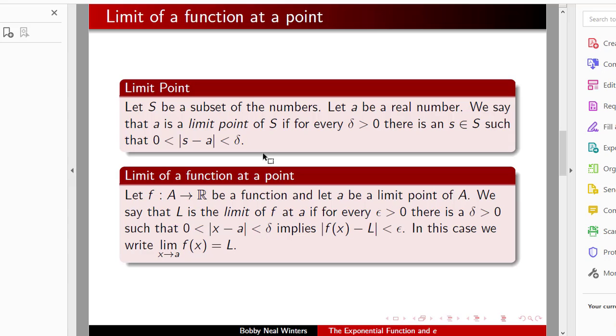Now, we've again talked about the limit of sequences. What is the limit of a function at a point?